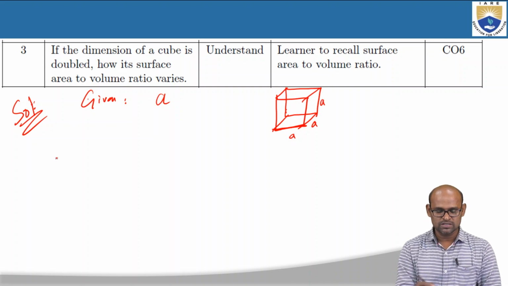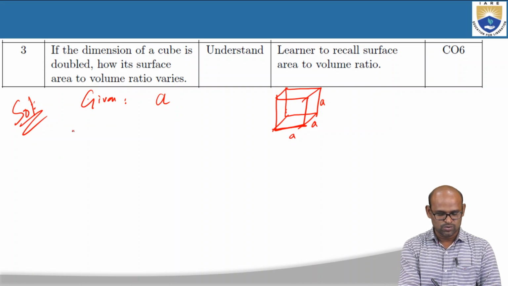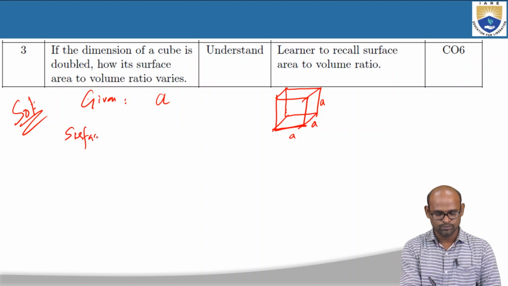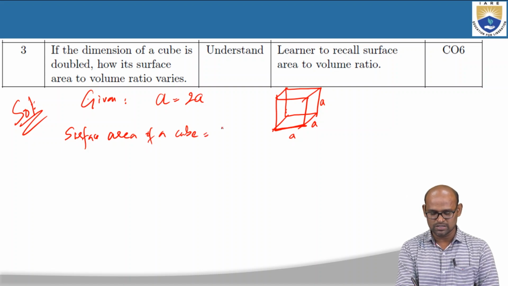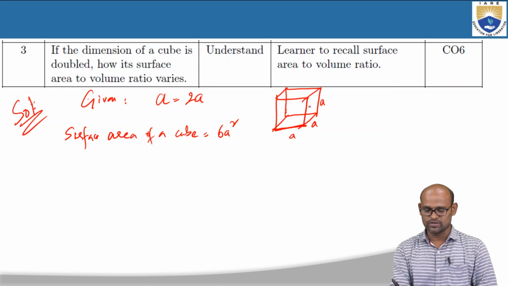First, let us look at the surface area to volume ratio of a cube. Surface area of a cube is 6a square, because there are 6 faces and each face is a square.